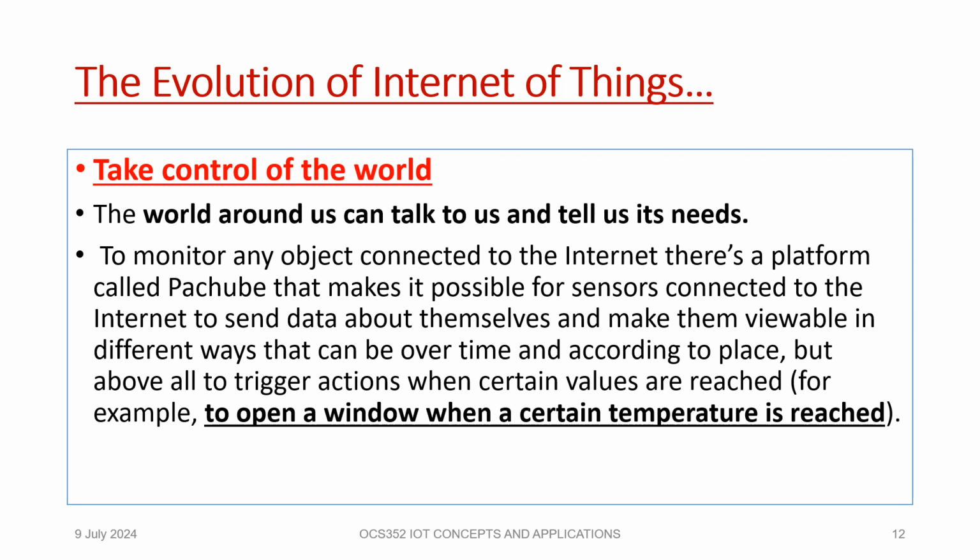To monitor any objects connected to the internet, there is a platform that makes it possible for sensors connected to the internet to send data about themselves and make them viewable in different ways over time, but above all to trigger actions when certain values are reached.